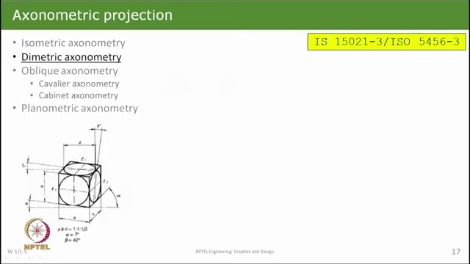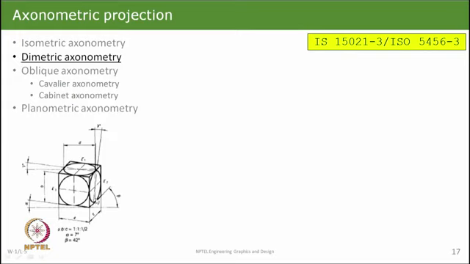Then you have dimetric axonometry. We will not be using this, but it is good to know that it exists. What it does is that you have viewing at two axes, one is 7 degrees, the other is 42 degrees. This scale and the vertical scale are equal, 1:1, whereas the scale in this direction is half.